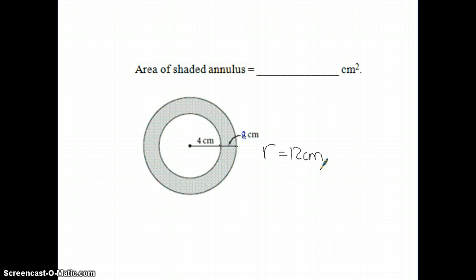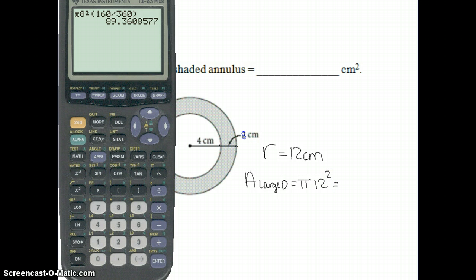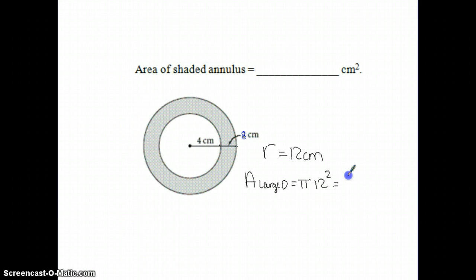So I can plug that into my area formula. Area of the large circle equals pi 12 squared. So we'll calculate that. Pi 12 squared is 452.4.